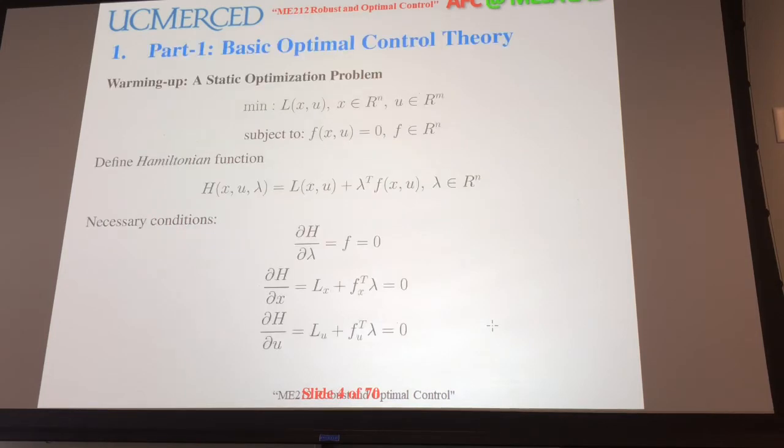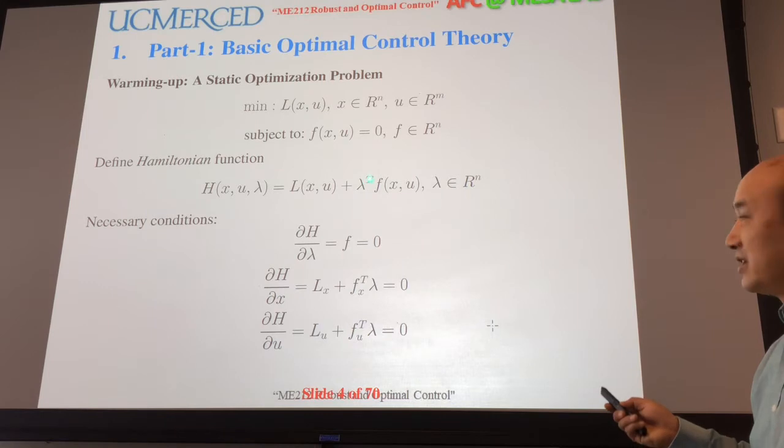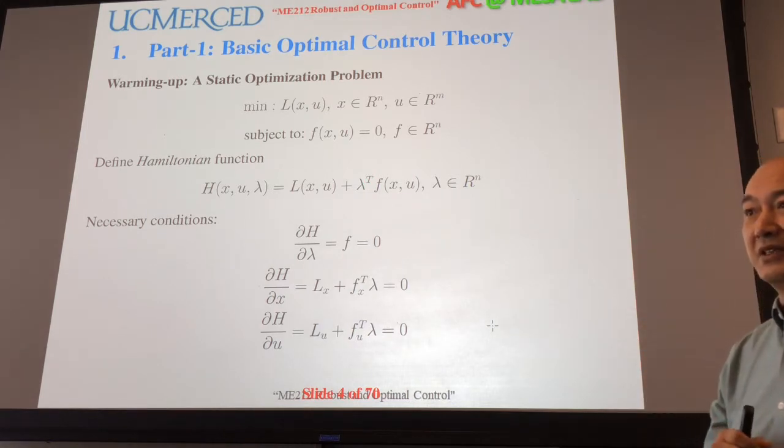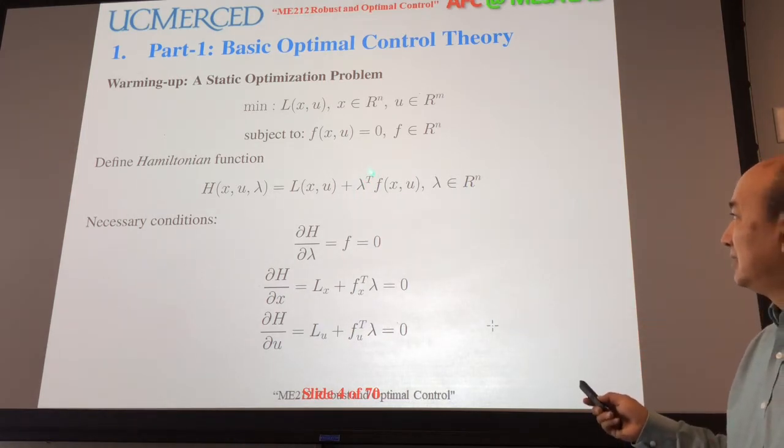So, let's start with static optimization. Here, in Rn, x and u are parameters. There's no t here, so we are basically searching for static parameters. Then we define the Hamiltonian with a Lagrangian multiplier.